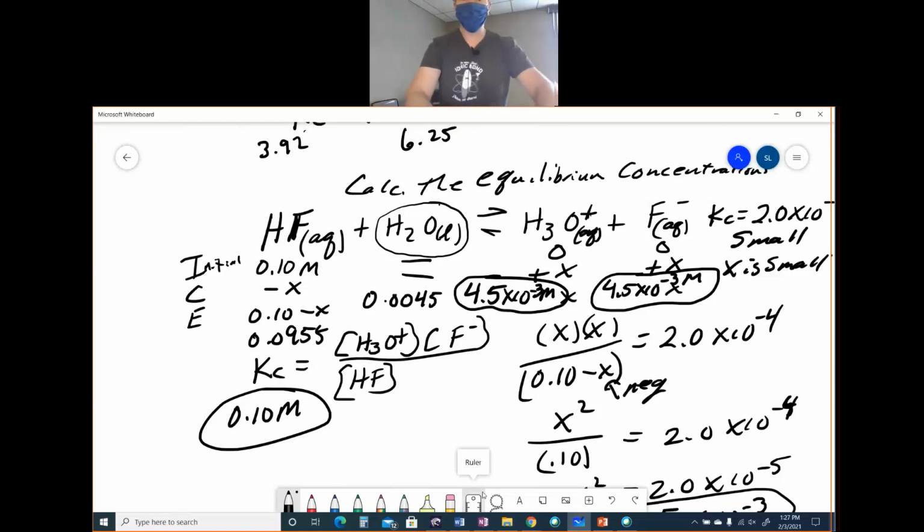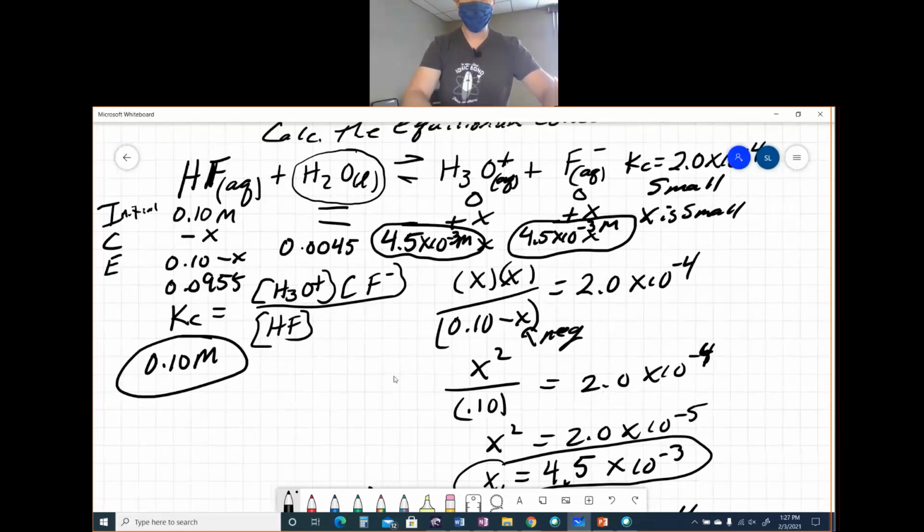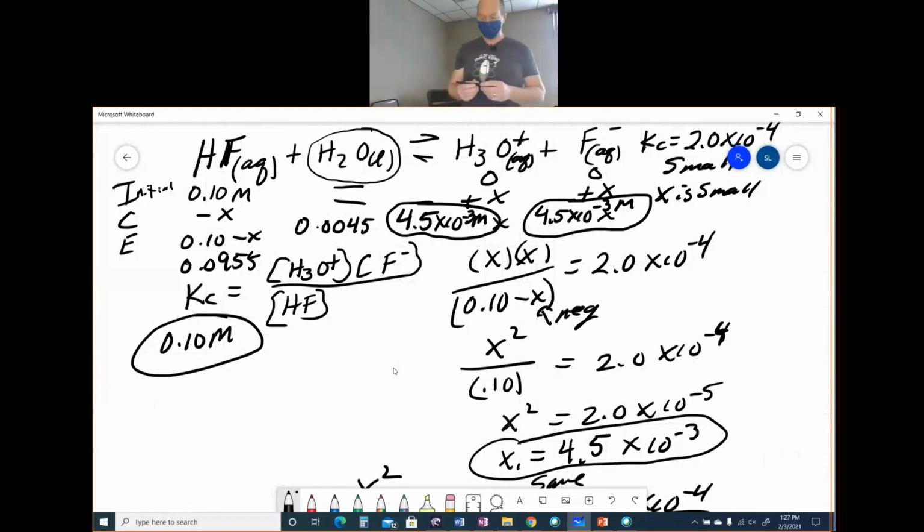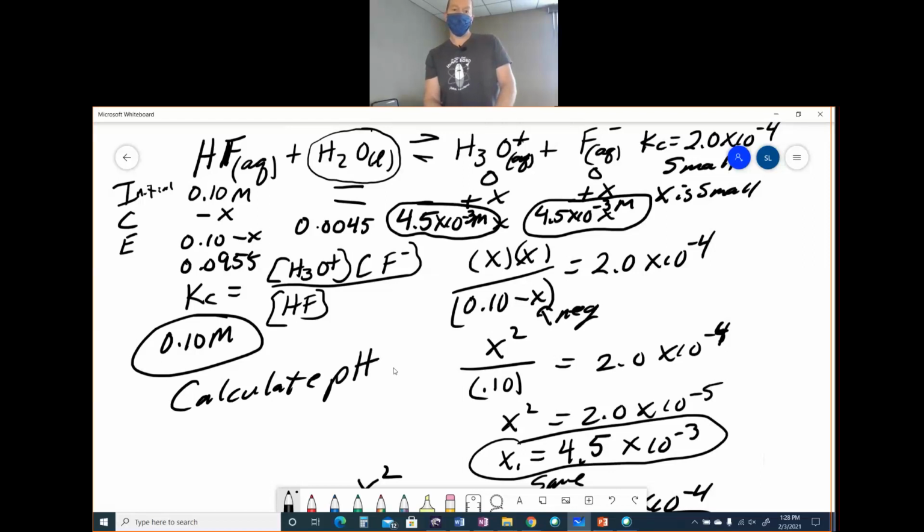All right, so this problem that we just did is going to be a problem in chapter 15 and 16, also in chapter 14. All right, and so when we get to chapters 15 and 16, it's going to then say, all right, here's an acid, 0.1 molar. Here's the K value for that acid. It's going to say calculate the pH of this acid.